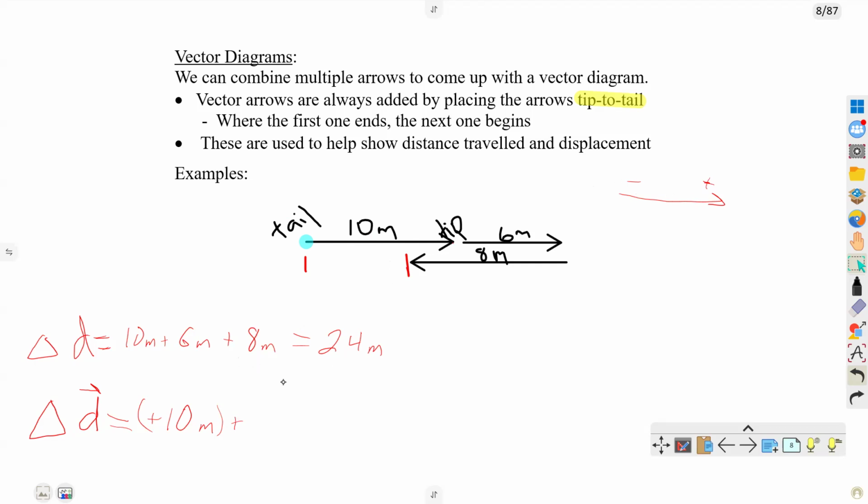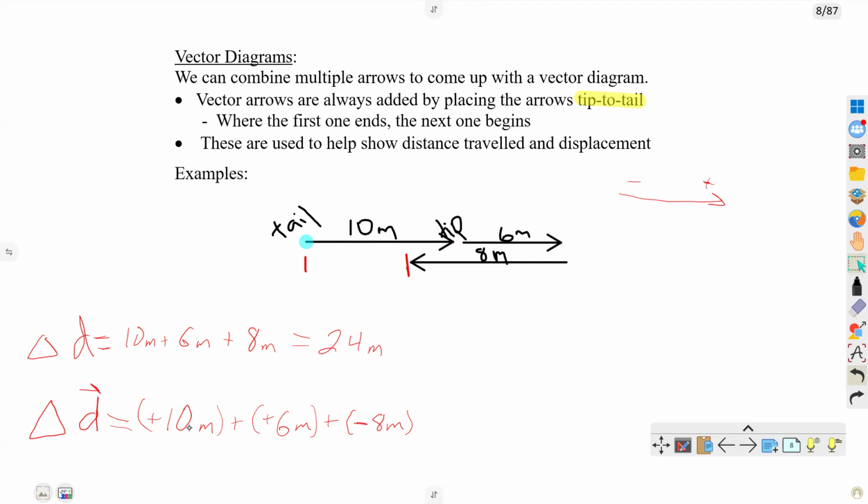Anyways, our next arrow is going to be an additional 6 meters. And then our third arrow is 8 meters, but because we're moving in the opposite direction, we're going to be putting a negative sign in here.